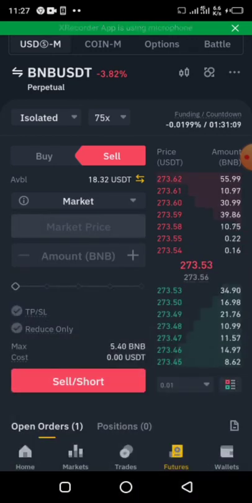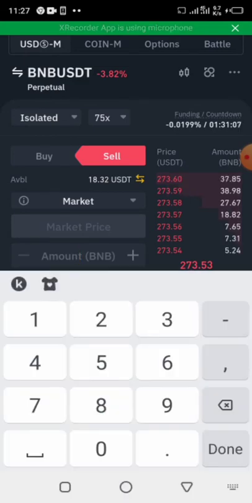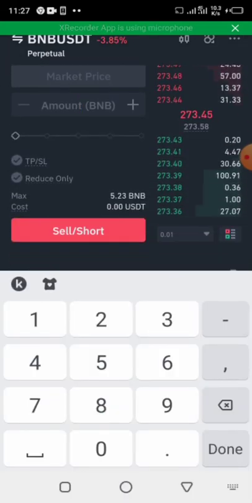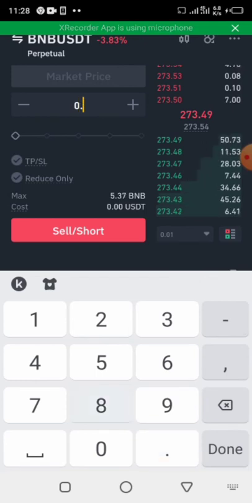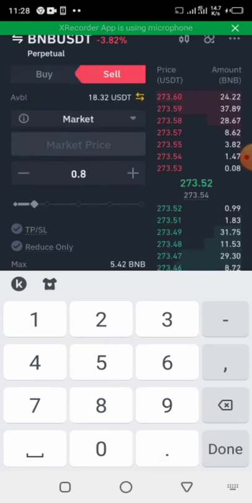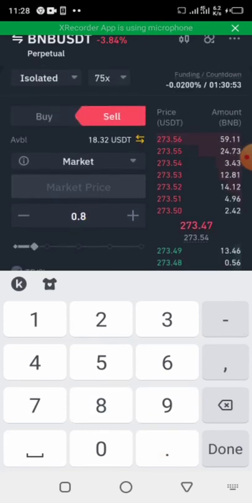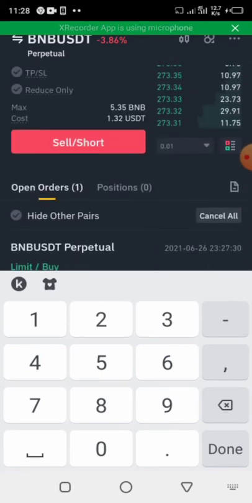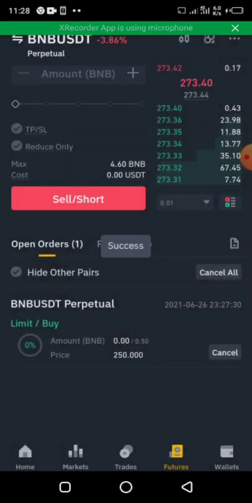This is the market price. Let's assume I want to sell 0.8. So I want to sell 0.8 and I'm using this margin. I click on sell short.